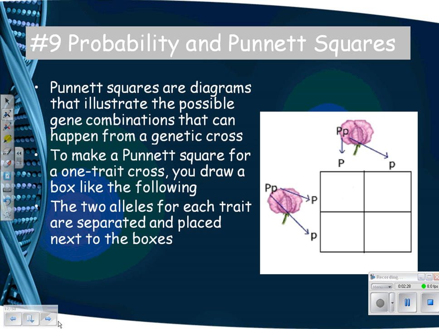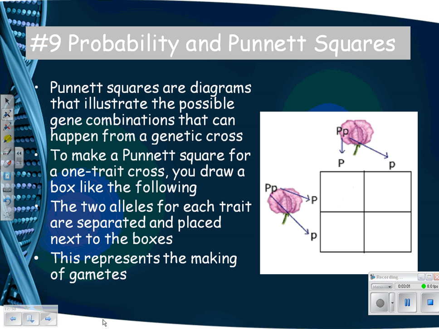The two alleles for each trait are separated and placed next to the boxes. For example, this one's big P, this one's little p. It doesn't matter which one goes where, but you do have to distribute them. You take one of the parent's alleles and put it on the side, and the other on the top.